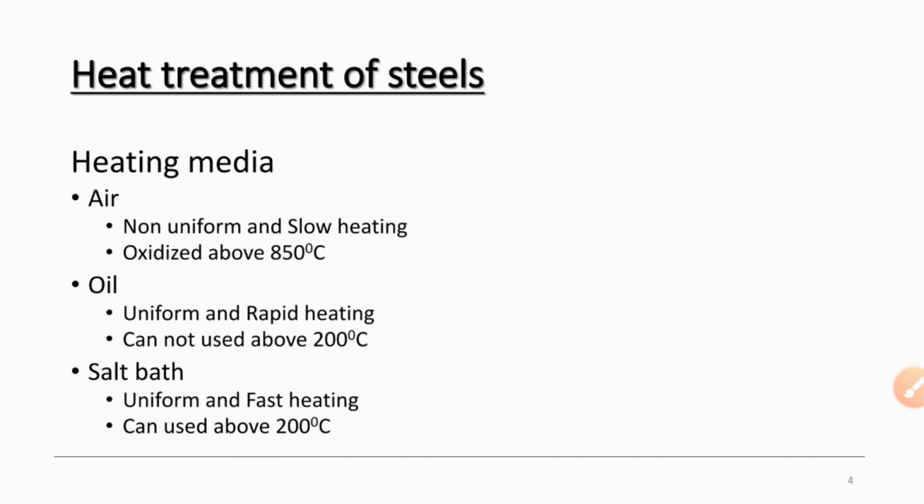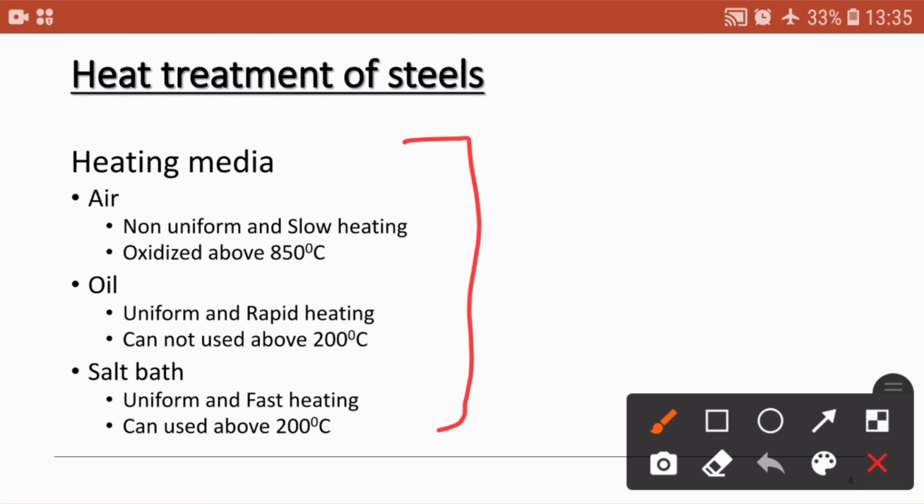Then third is salt bath. Salt bath also provides uniform heating or uniform cooling and fast heating. It can be used above 200 degrees centigrade. So by these three methods you can conclude: if I want to heat metal to near about 750 degrees centigrade, the best heating medium will be air.